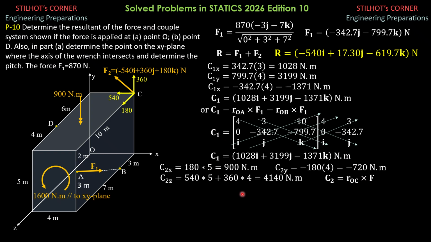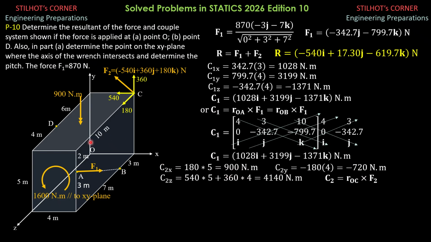It is equal to 900I minus 720J, then plus 4,140K. But let's also prove by vector approach that C sub 2 has these components.